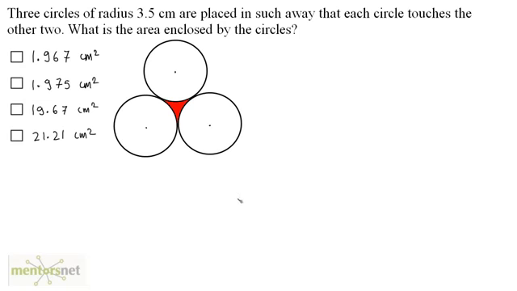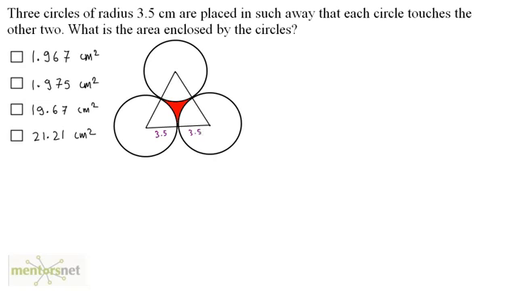Well, if you connect the centers of these three circles, you'll get an equilateral triangle, right? Now, the radius of these circles is 3.5, so this is 3.5 and this is 3.5. So the length of the side of this equilateral triangle will be 7 centimeter, 3.5 plus 3.5.